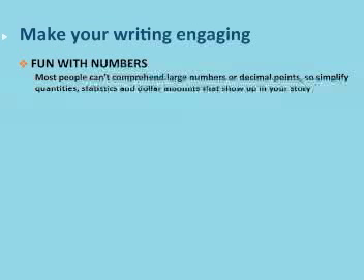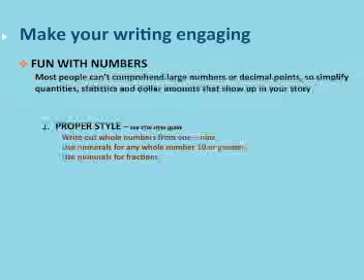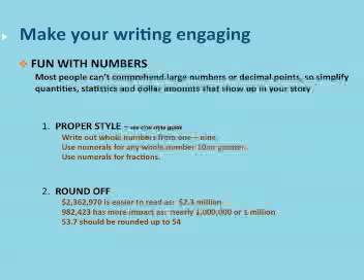The problem with that is most people really can't comprehend when you say large numbers or decimal points. So it's really, really important to simplify your quantities, your statistics, your dollar amounts. Anything that shows up in your story as a large number should be a red flag for you to do something with. So I'm going to give you some ideas of what you can do with these numbers.